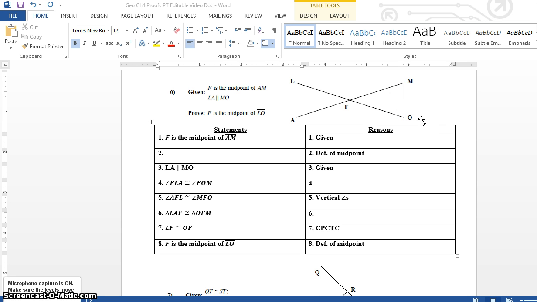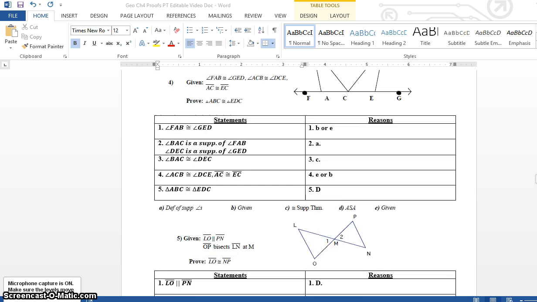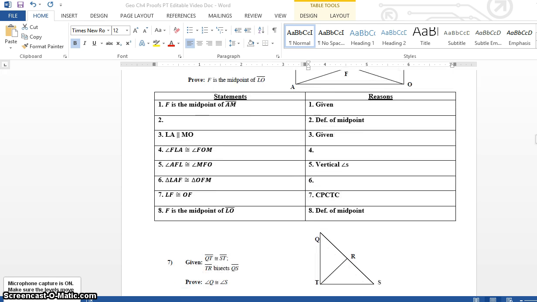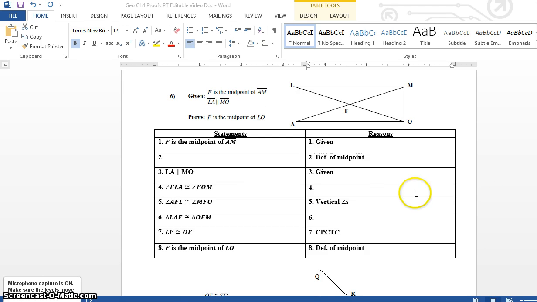Oh, that's right, I think we just did it right here. These were parallel, and we had alternate interior angles. Don't forget it, these things keep popping up. So we're going to say alternate interior angles here.